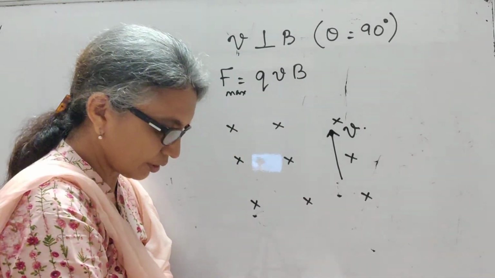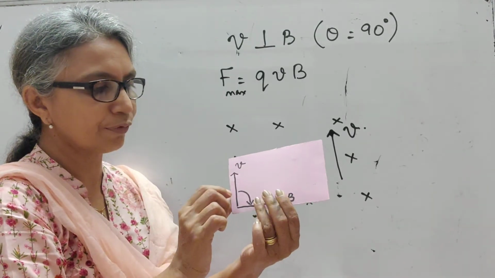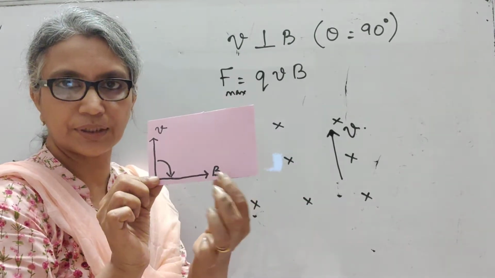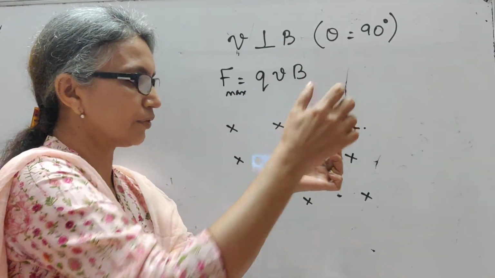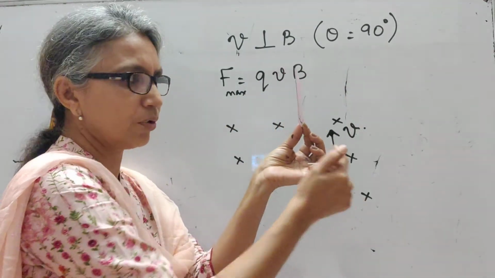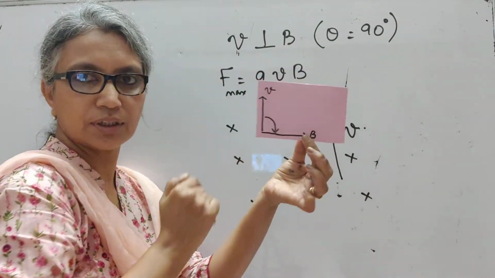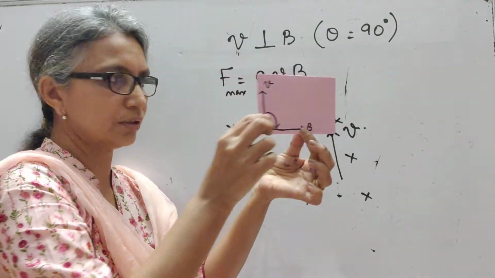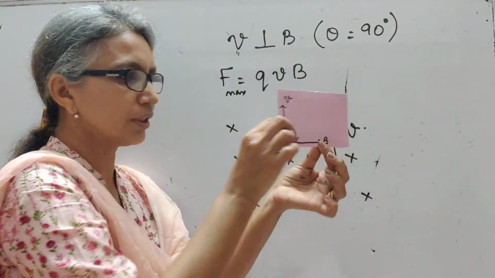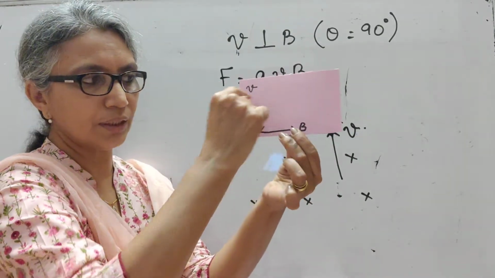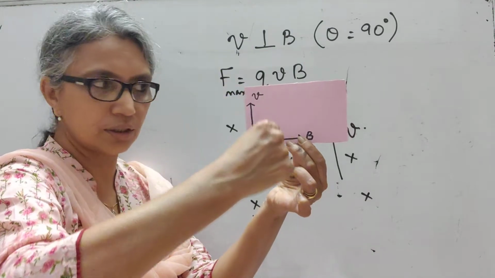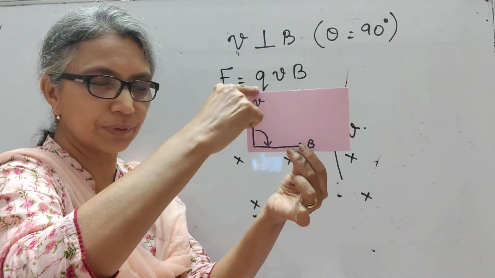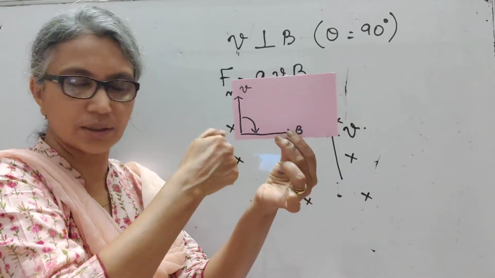Now I told you already that if you have, let's say, B like this, B here and V here. So now I'm keeping the plane like this, where B is into the board, velocity is upwards. Can you see that? V and B. So this is how it is. Now you see that V cross B is taking a clockwise turn. And if it's taking a clockwise turn, you know that the force should be perpendicular to this plane and inwards.